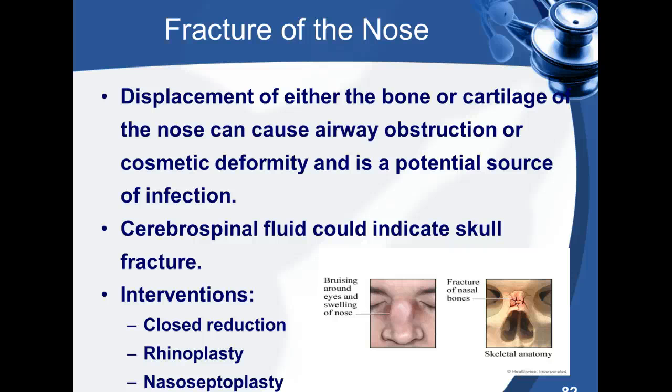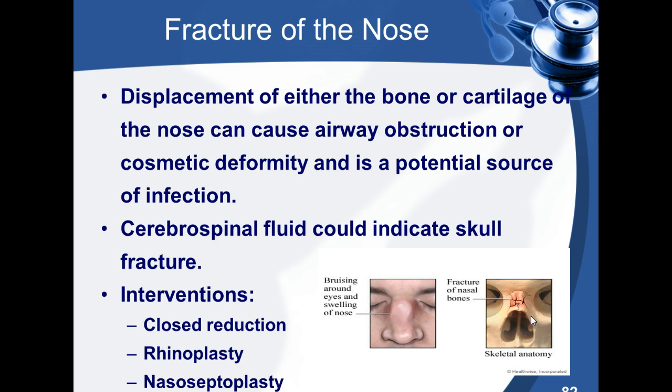One of these disorders is a fracture of the nose, a displacement of either the bone or the cartilage. Here's a good picture right here. You see the young man with the fracture of the nose, and then how it looks as far as the skeletal anatomy.